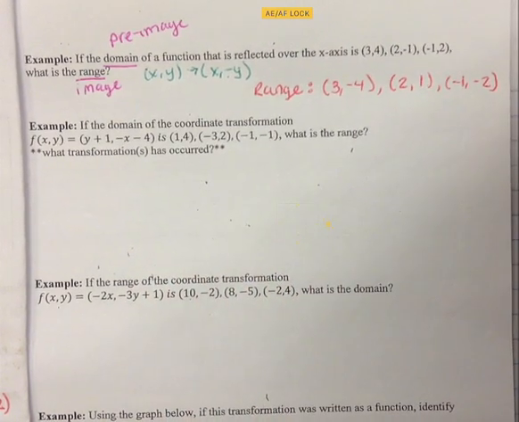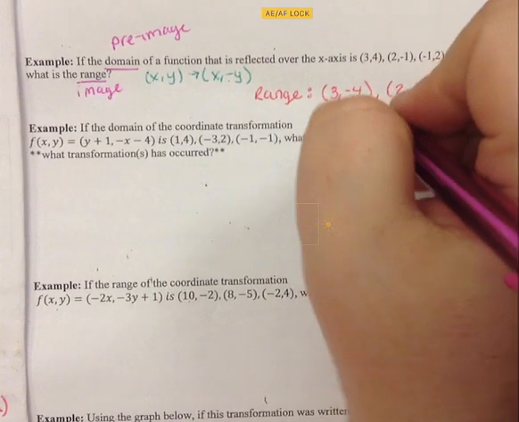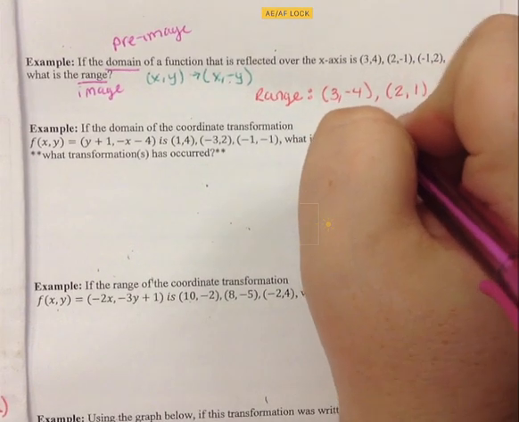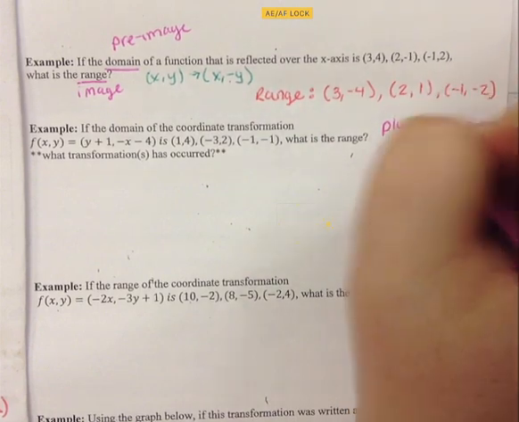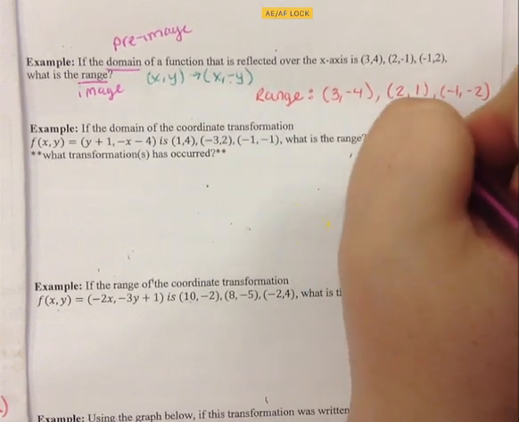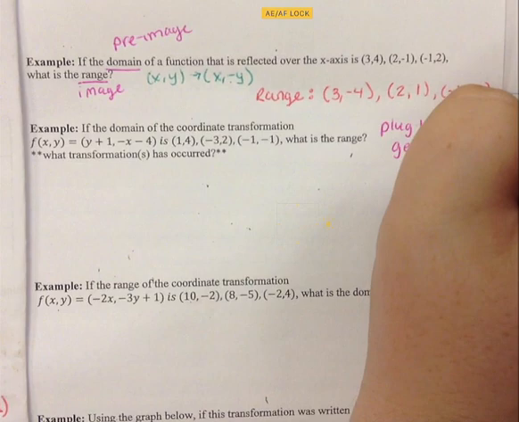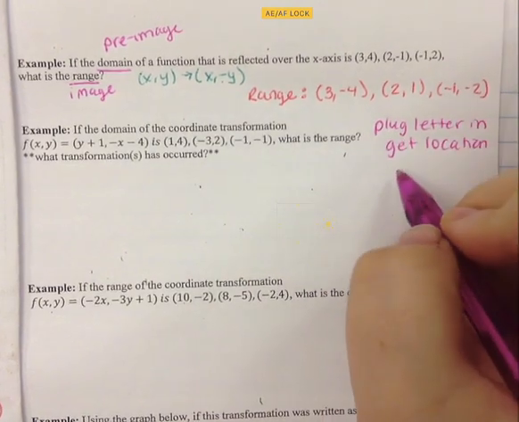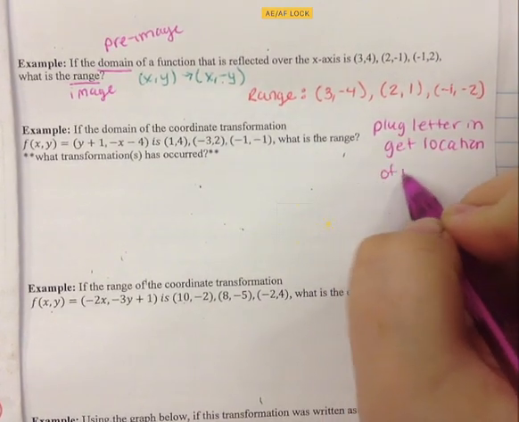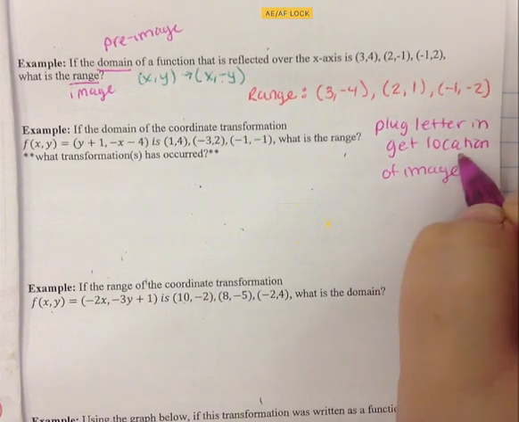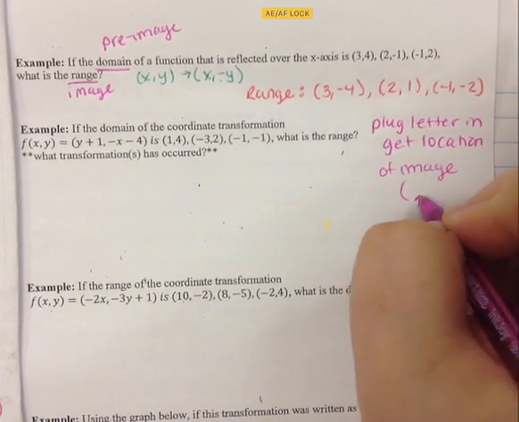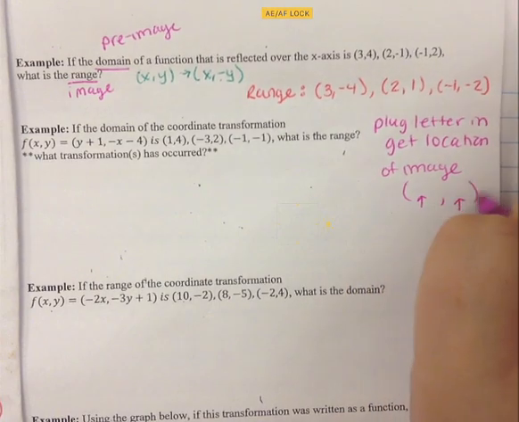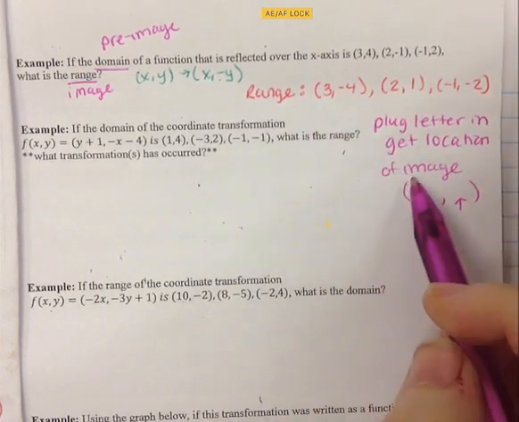If you're given the domain, you plug the letter in, and you get the location of your image. The location might be the front or the back. It depends on what you have.